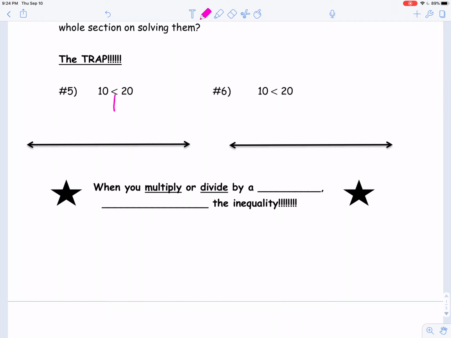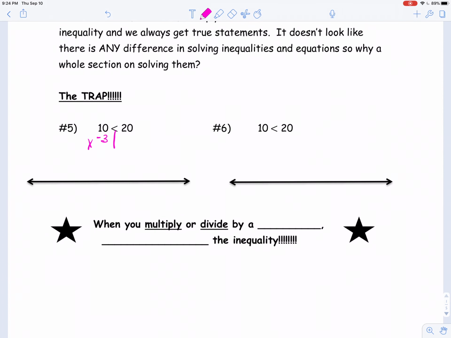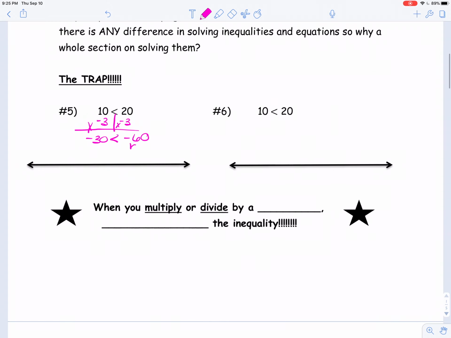So I just want to show you that this is true. If I choose to multiply by a negative number, so let's see, what did I multiply by up here? 3. So I'll go negative 3 down here. All right, so times negative 3. So that's negative 30 is less than negative 60. Now that is not true. All right, because here's 0, here would be negative 30, here would be negative 60.